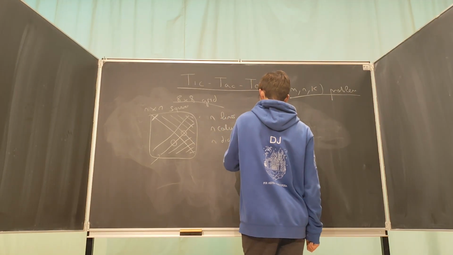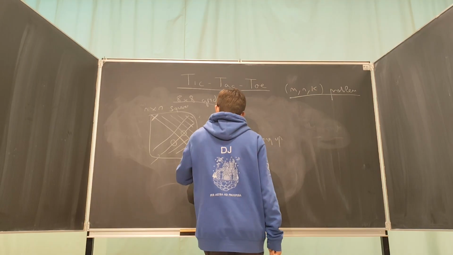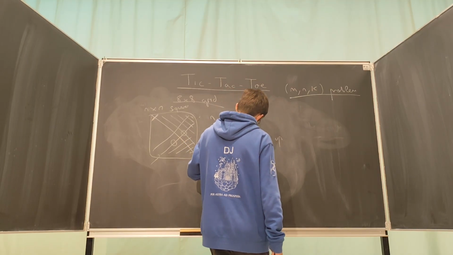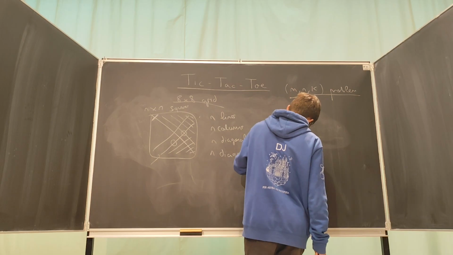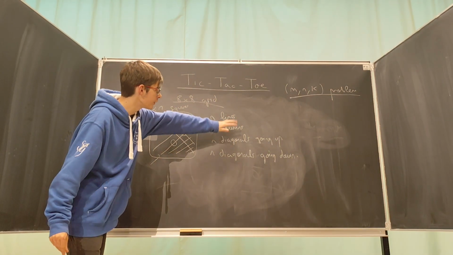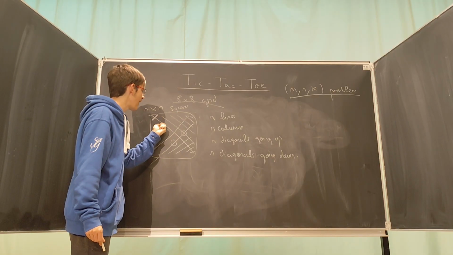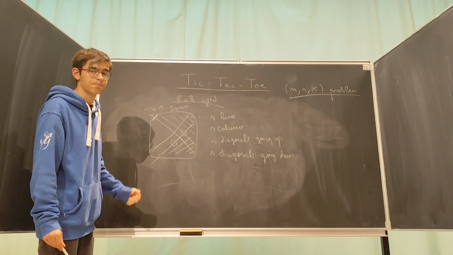So n diagonals going up, and n diagonals going down. Okay, and so for every one of these objects, we'd like to have one pair inside our square grid.